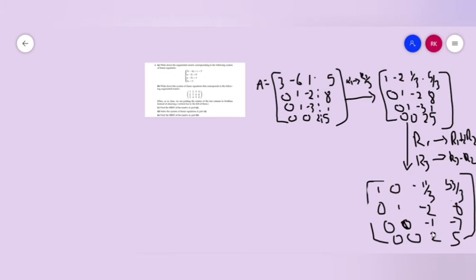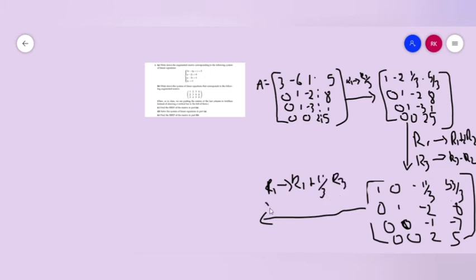Here this is minus 1, and we are going to change it to pivot 1, and also eliminate these elements: minus 11 upon 3, minus 2, 2. What are the operations? R1 goes to R1 plus 11 upon 3 R3.